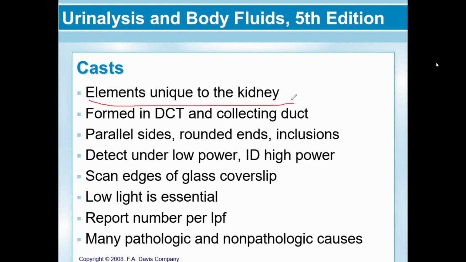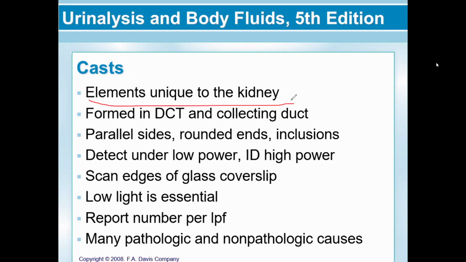For example, when we see a red blood cell, it doesn't mean it came from the kidney. It could come from the circulation, where the glomerulus was damaged and cells went into the urine. Or it could come from the kidney itself, for example, from irritation due to kidney stones. So the origin of those elements can be renal or non-renal, and the same goes for white blood cells. But casts are unique to the kidney.